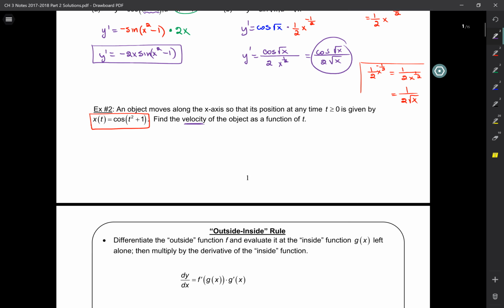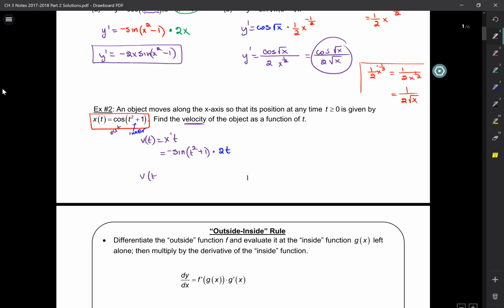So what are we going to do? Take the derivative, right? So velocity is x prime of t. So that's going to be, all right, what's the outer function here? Cosine. So when I take the derivative, it'll be negative sine of what? Correct. Times, what's the inner function? Right, it's t squared plus 1, and the derivative will be 2t.